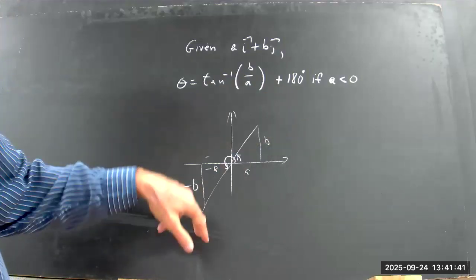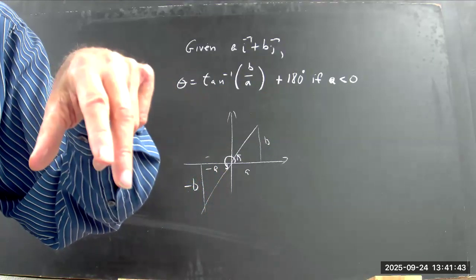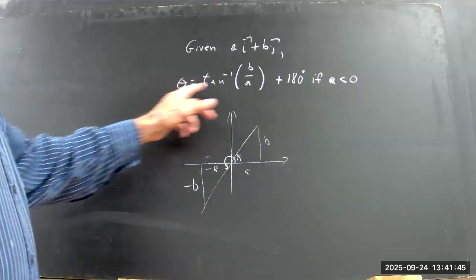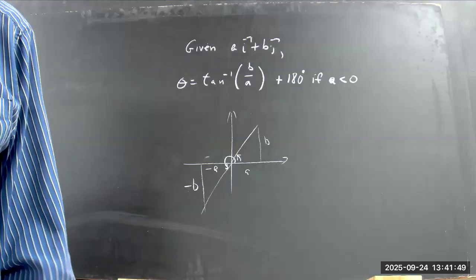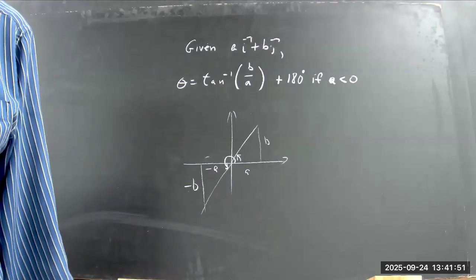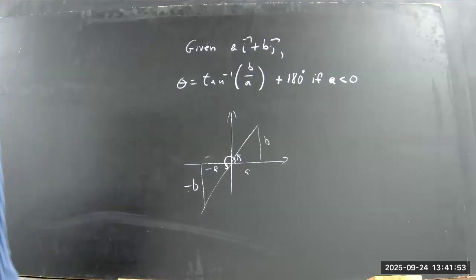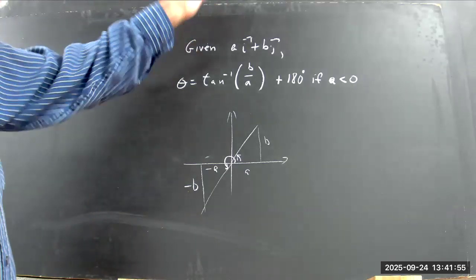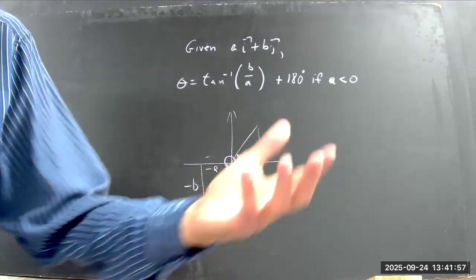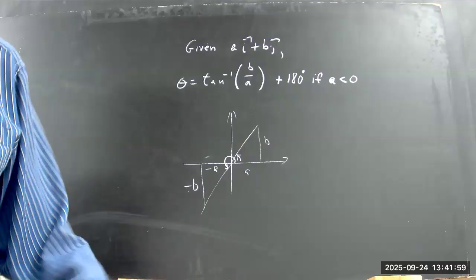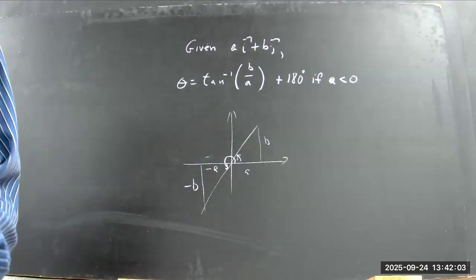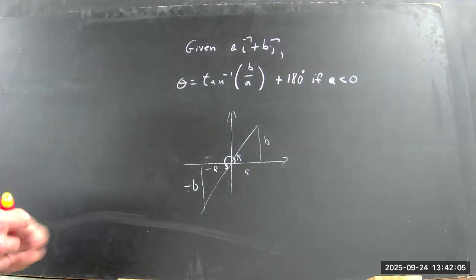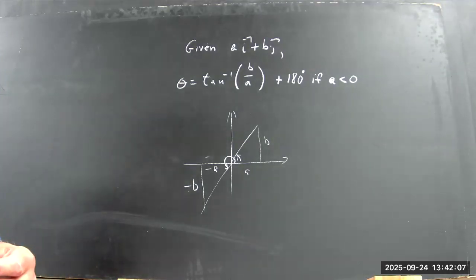If it's positive, it's either in the first or the third. Okay? This definition of theta takes care of that. So I kind of recommend it. And then, of course, the Pythagorean theorem, the magnitude squared is A squared plus B squared. I haven't seen anybody make a mistake on that yet. Someday I probably will. But get the idea. Okay.